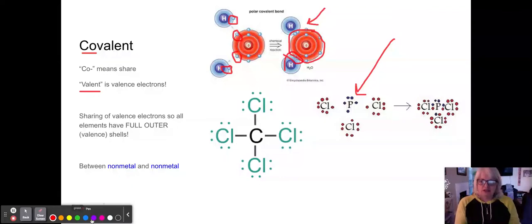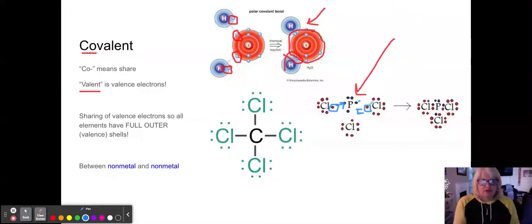Here's another example right here. If you look at the electrons for phosphorus, they're kind of dark like these right here. So phosphorus has 5 valence electrons. So you know based on the periodic table and based on valence electrons, it needs 3. But if it bonds with something that is not a metal, it's going to want to share those electrons. So this chlorine right here is going to share an electron with this one.